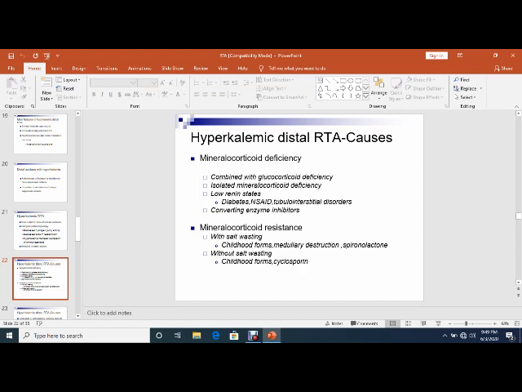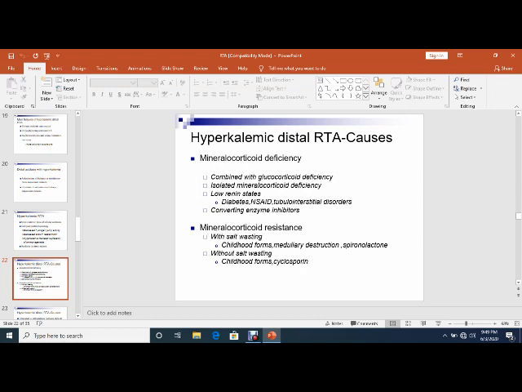The causes of mineralocorticoid deficiency are either combined with glucocorticoid deficiency, or isolated mineralocorticoid deficiency, or a low renin state in diabetes, nonsteroidal anti-inflammatory drugs, RTA and tubulointerstitial disorders, or patients who are using angiotensin converting enzyme inhibitors.